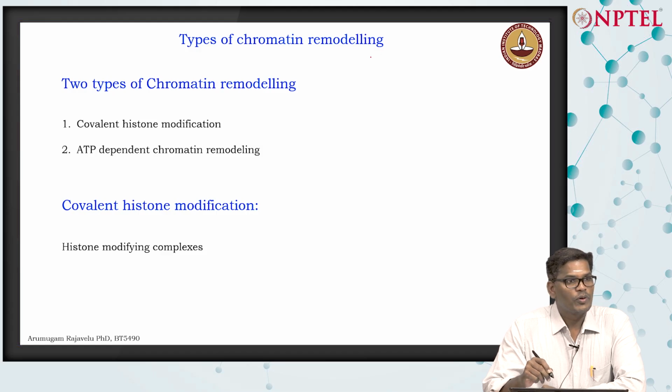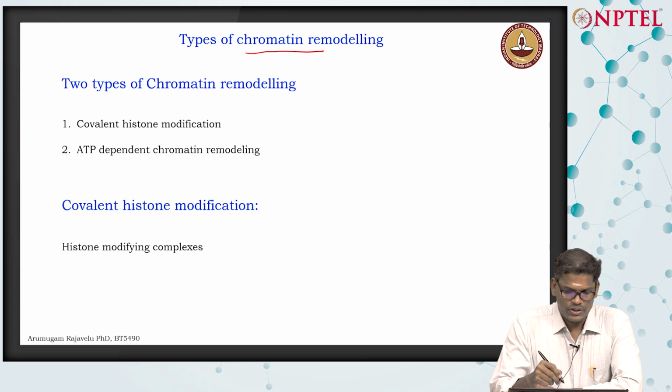I will give an overview of the types of chromatin remodeling. Of course, it's a very big chapter, but I'll keep it a general overview so that you get the logic of how chromatin gets compacted, which is essential for chromosome shaping as well as gene expression. There are two types of chromatin remodeling. The first is histone covalent modification, which is basically epigenetic modification-driven chromatin remodeling.